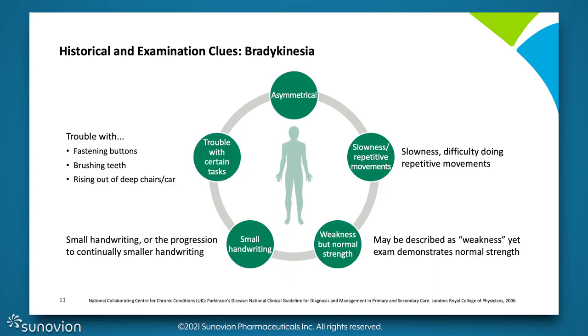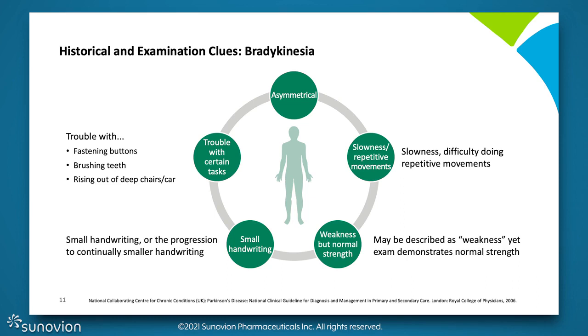We've talked about bradykinesia, again, usually starts asymmetrically. Patients will complain of trouble with certain tasks, buttoning buttons, trouble brushing teeth, trouble arising out of deep chairs in the car. Small handwriting can be an early feature. Patients will notice that the handwriting has become small and scribbly and becomes worse as they try to write for longer periods of time.